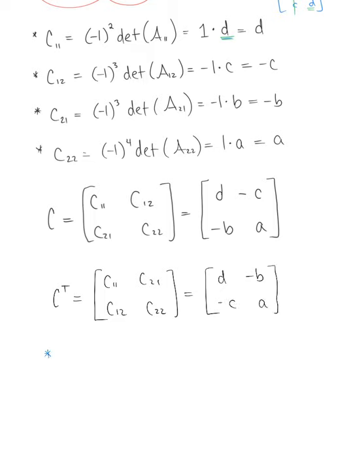So again, this confirms the inverse formula for our 2 by 2 matrix to be 1 over the determinant multiplied by the transpose of the matrix of cofactors.